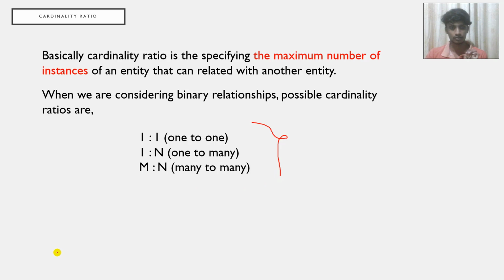Remember there are 5 types of relationship degrees. So there will be 5 types of possible cardinality ratios according to each of those degrees. For now, we are going to discuss the binary relationship cardinality ratios. So there are 3: 1 to 1, 1 to many, many to many.